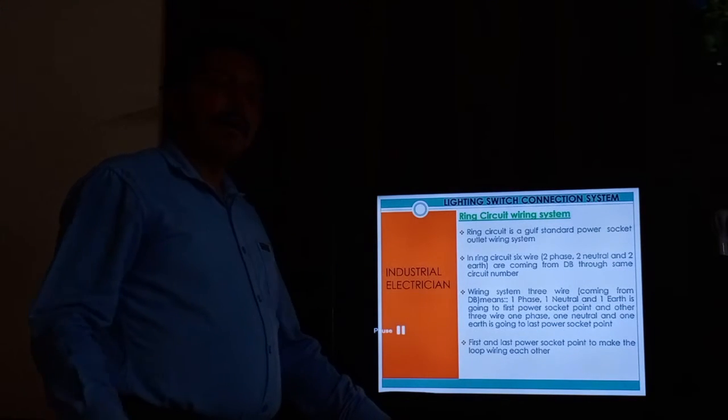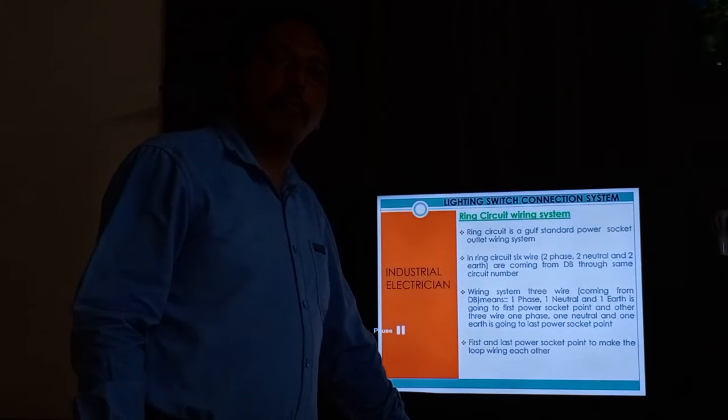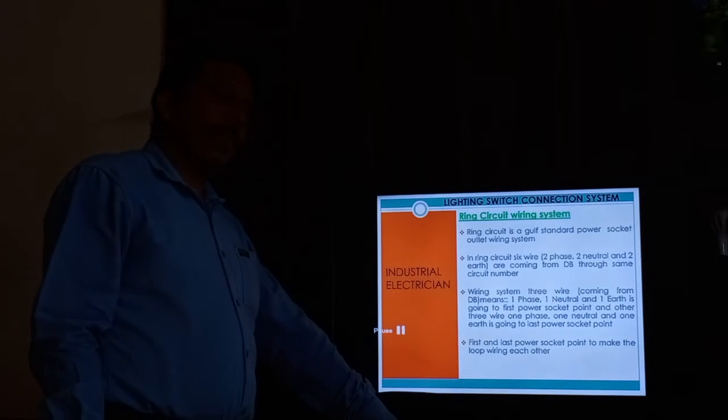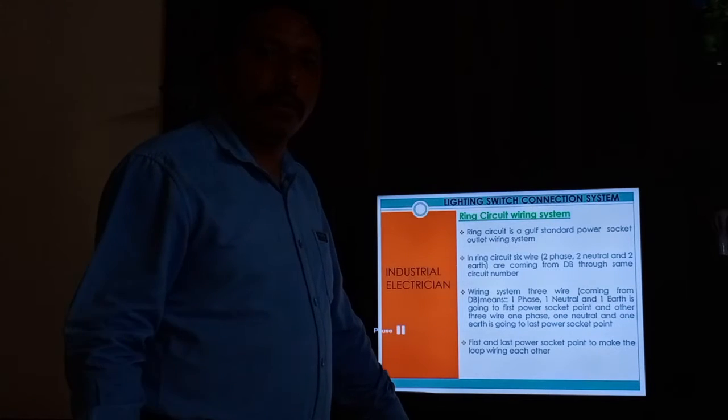So in a ring circuit, every point has 6 wires coming. If any point has only 3 wires, your ring circuit is not correct.